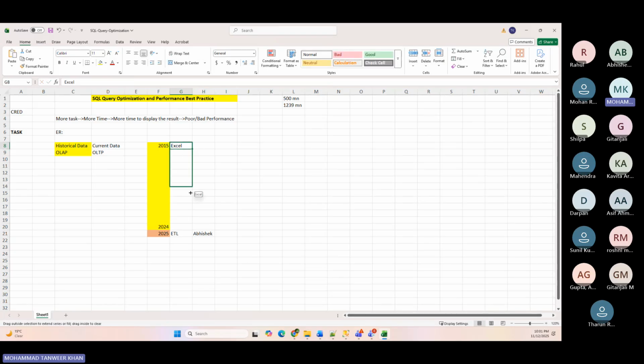Earlier we used to maintain in Excel only, most of the time. I know Oracle and Microsoft SQL Server were also there, but if your business size and transactions are very small, we used to maintain that in an Excel sheet. So I told Abhishek, from 2015 to 2024 all the data is in an Excel sheet here. Can you please directly dump it in the database, whatever you will design?